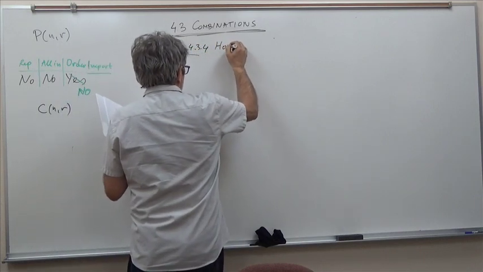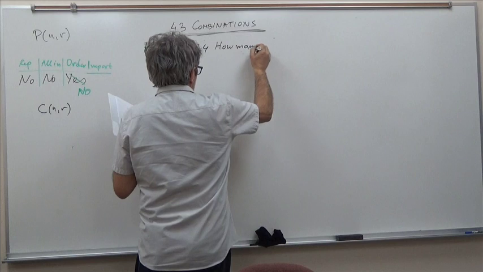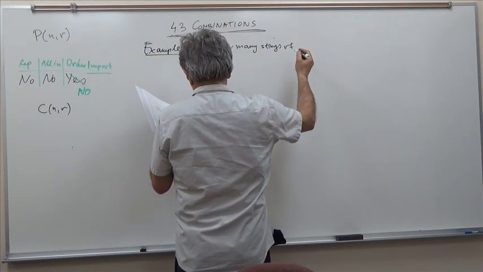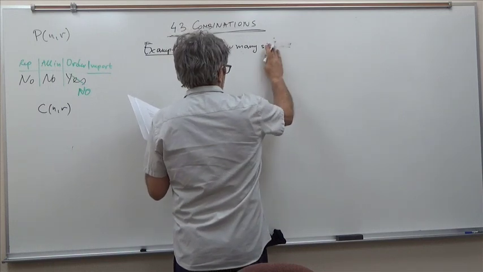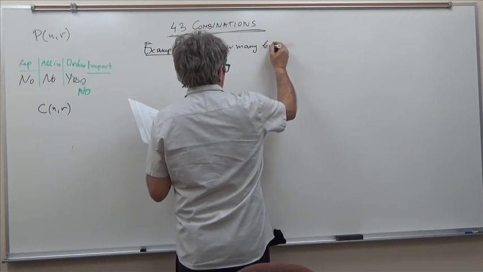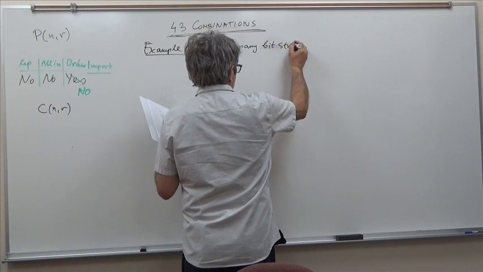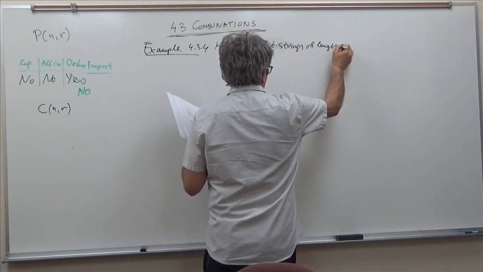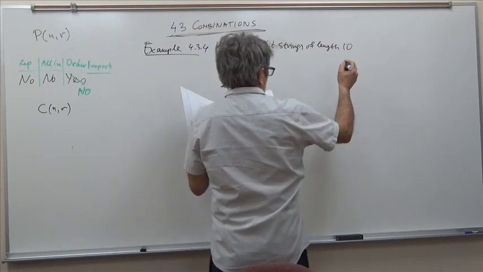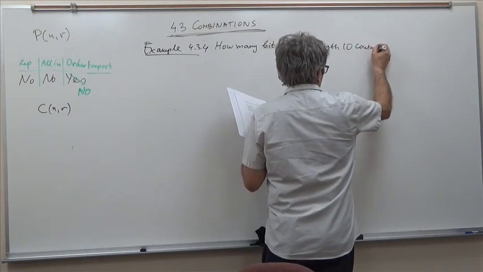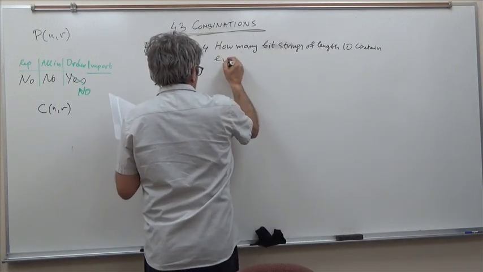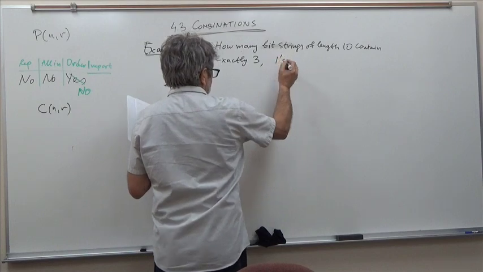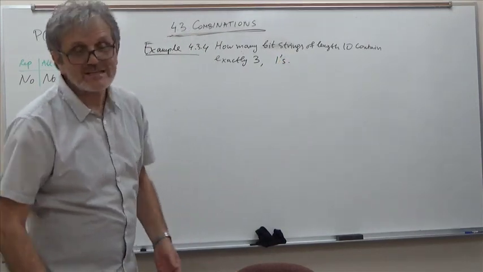How many bit strings of length 10 contain exactly 3 ones? So 3 ones and 7 zeros.